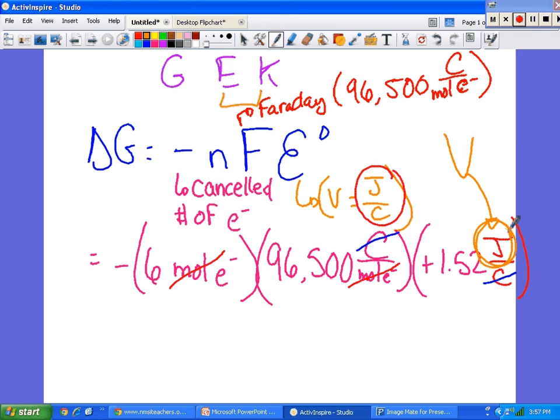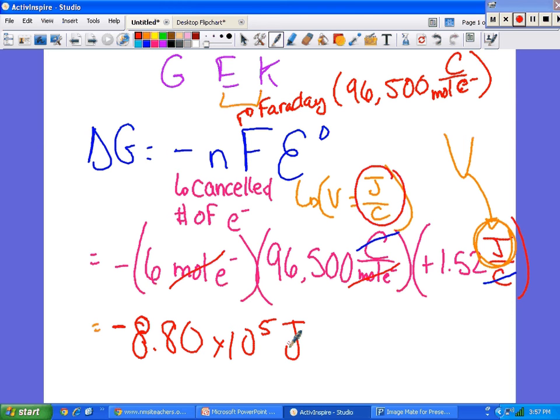Joules or kilojoules. So that's what you're going to have to do there. Again, that's why we need to know what volts equals. Are you with me? Okay. So when you do the math on this, you should have gotten negative 8.80 times 10 to the 5th joules. And this is where AP is making me mad.